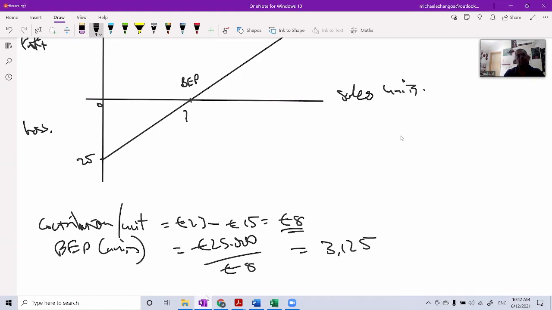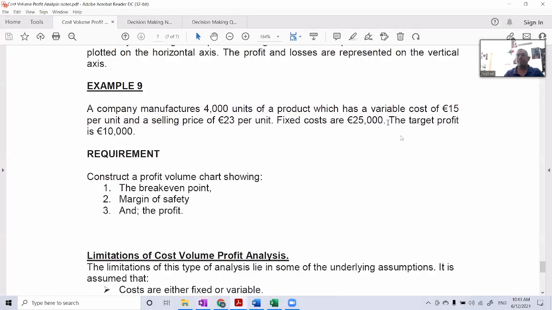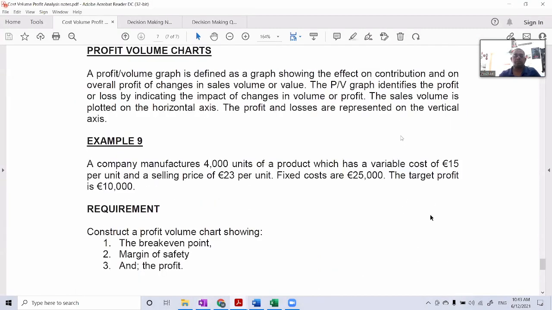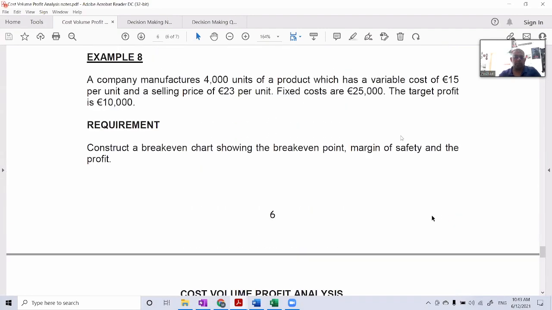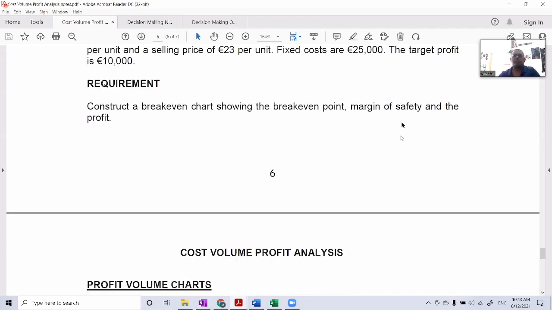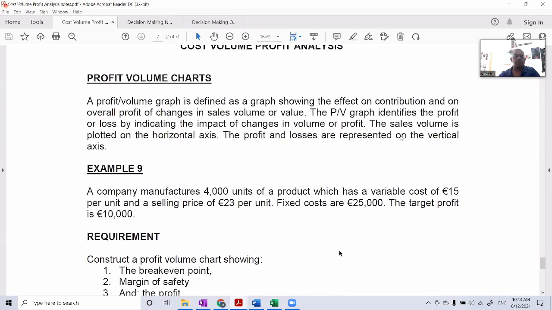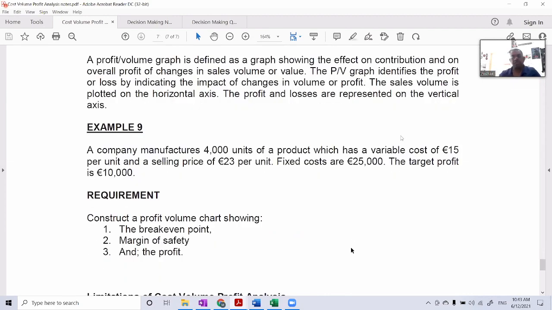So this point here is 3,125. The figures here are actually the same as earlier, isn't it? 15, target profit 10,000, it's all the same, except the graph is presented differently.